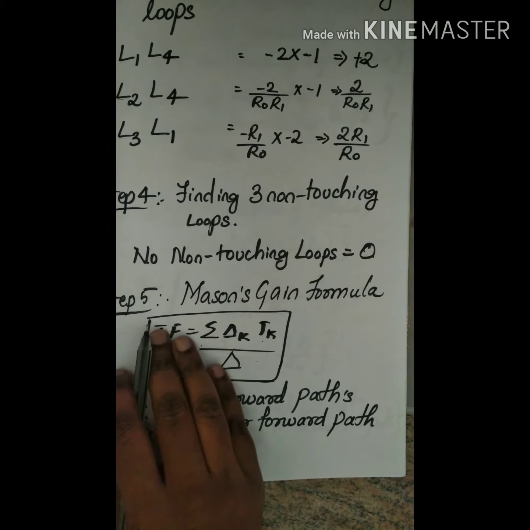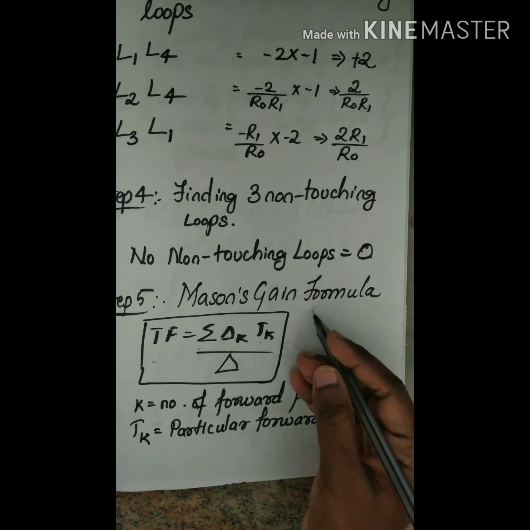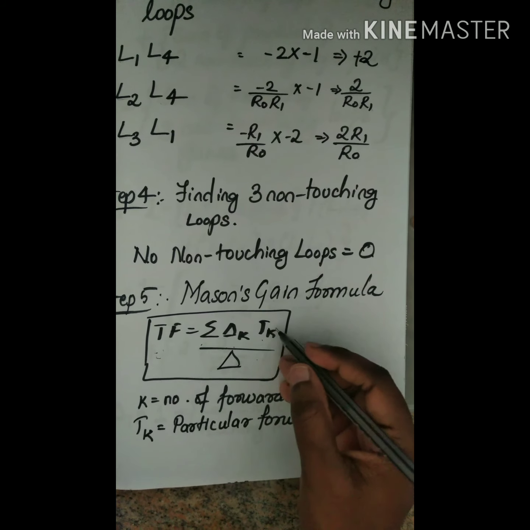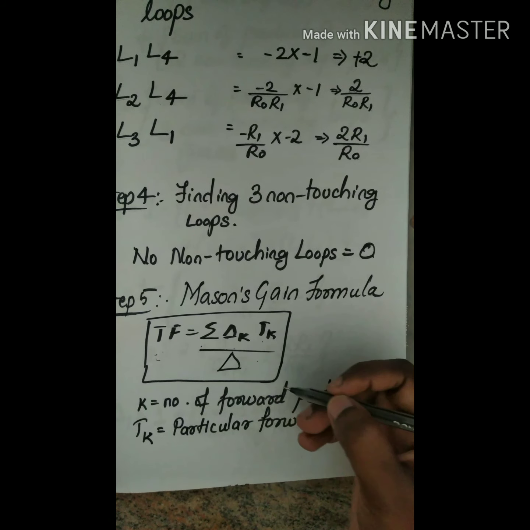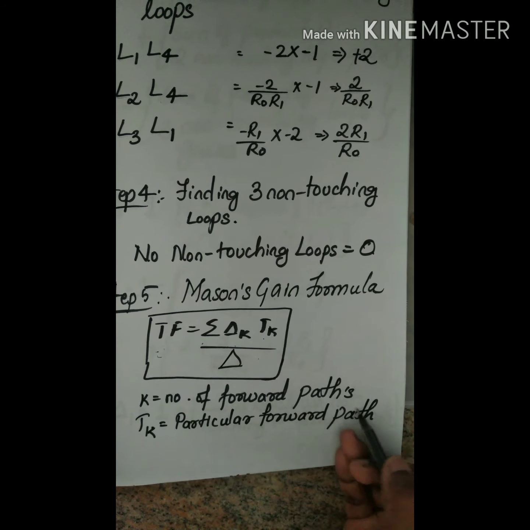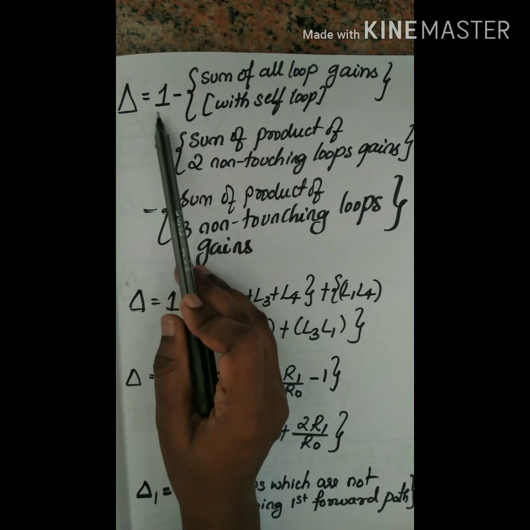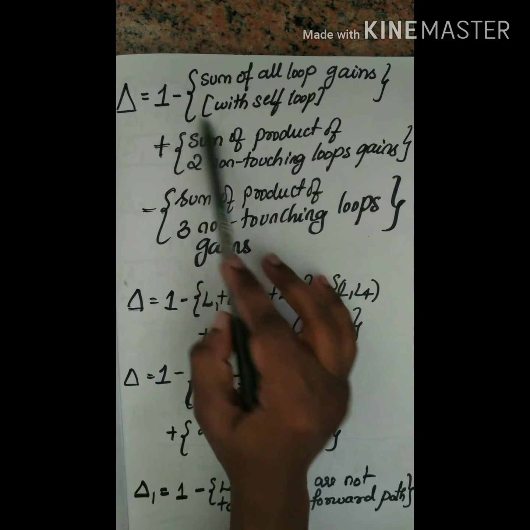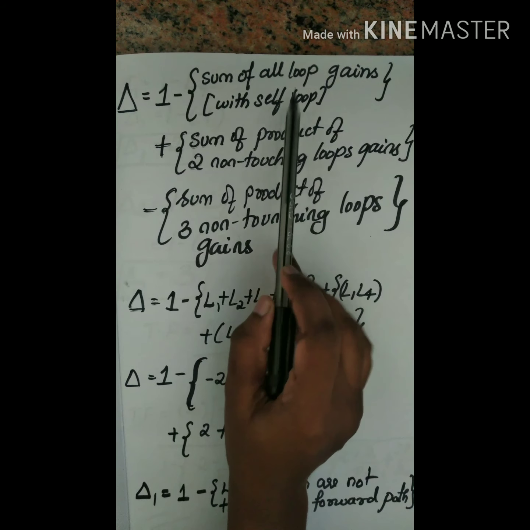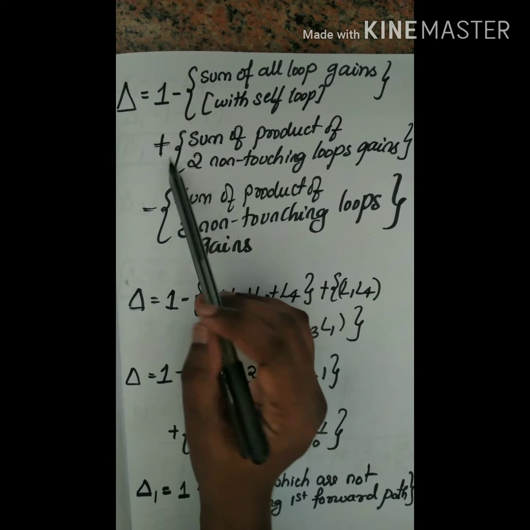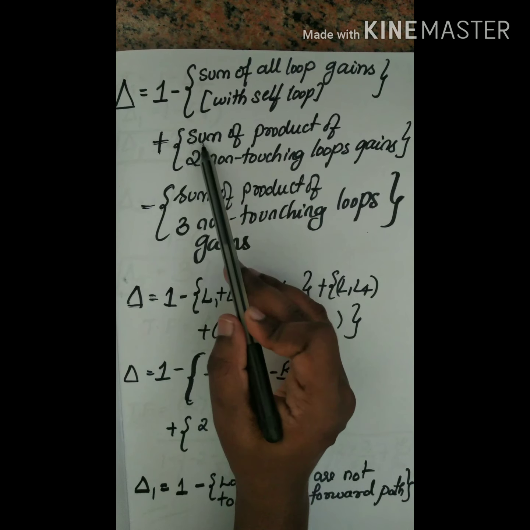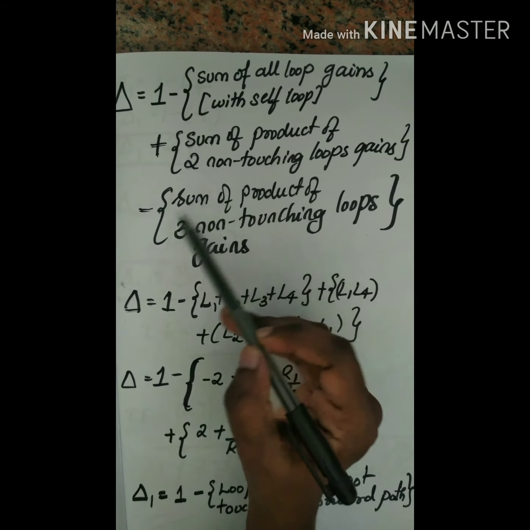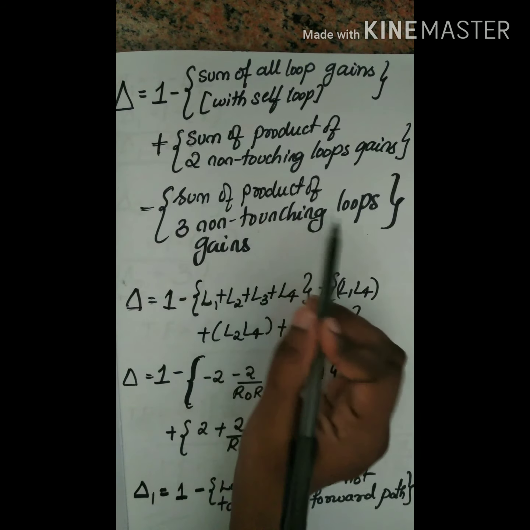The next step is to find Mason's gain formula. The transfer function according to Mason's gain formula is the summation of delta k into Tk divided by delta. K is the number of forward paths. Delta is equal to 1 minus the loops which you have found, including the self loops in case of any problem, then plus the 2 non-touching loops minus the sum of 3 non-touching loops.